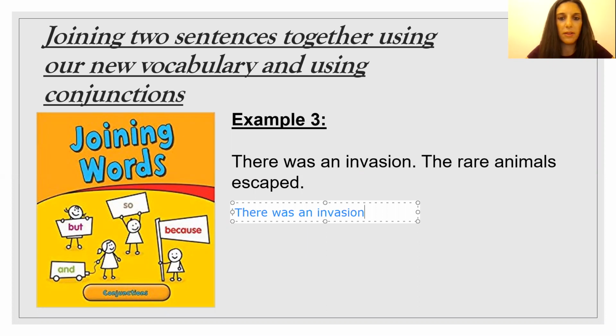There was an invasion, but the rare animals escaped. There was an invasion, so the rare animals escaped. There was an invasion because the rare animals escaped. I think that this sentence is going to be best using the conjunction so. There was an invasion, so the rare animals escaped. Full stop.